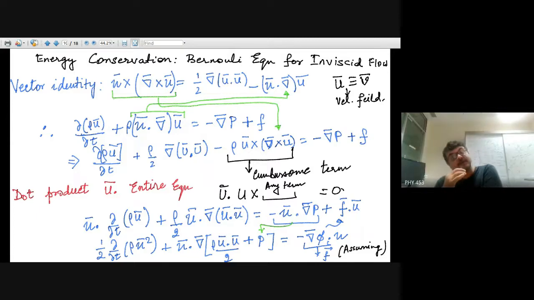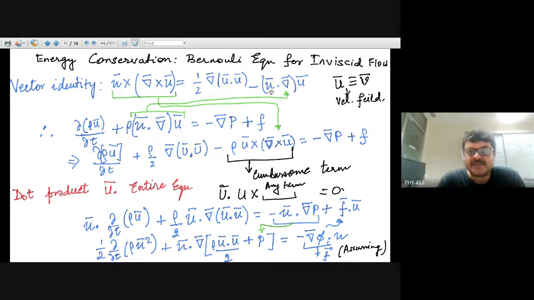For an inviscid flow, we will later write Bernoulli's equation. When there is viscosity, for that we're going to use the vector identity u cross curl of u, and you can look up your Spiegel or whatever vector calculus books, and it will be this expression. Just check it up.